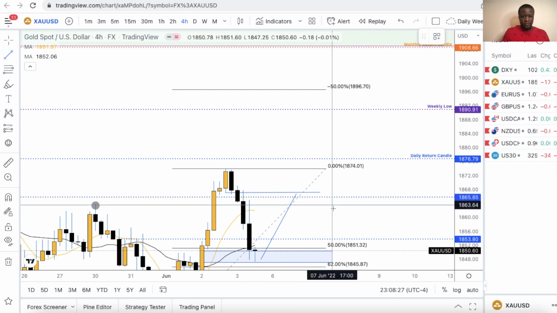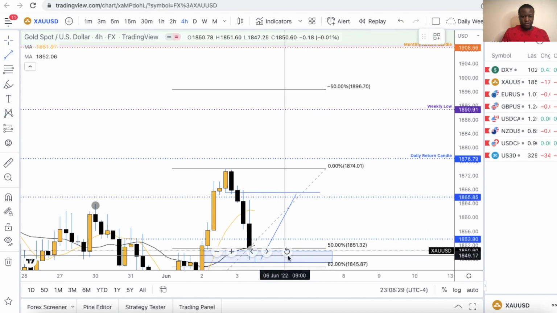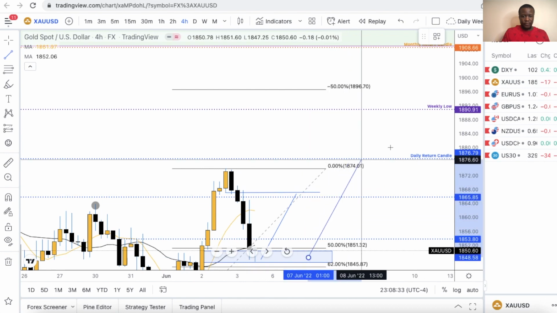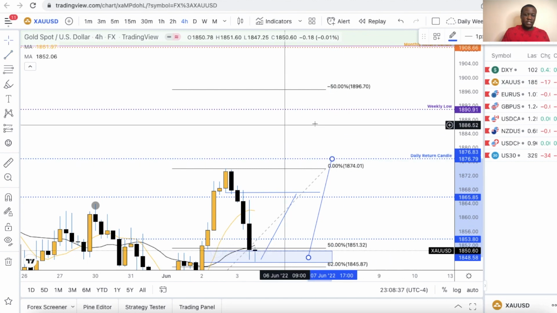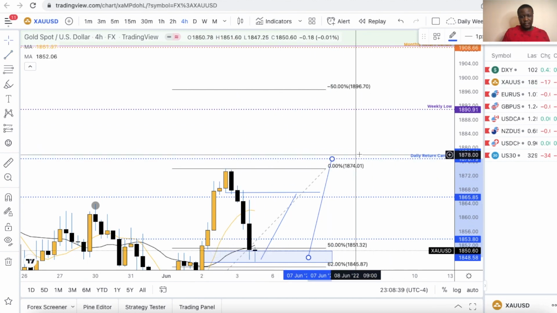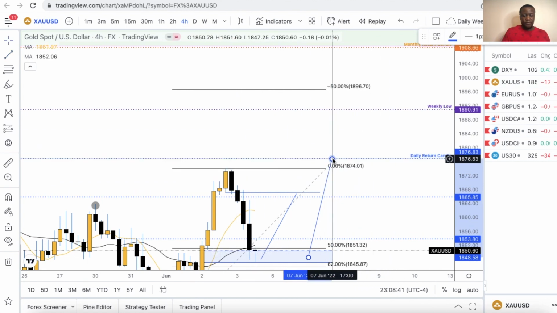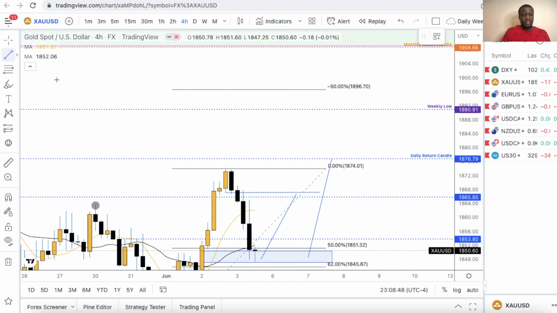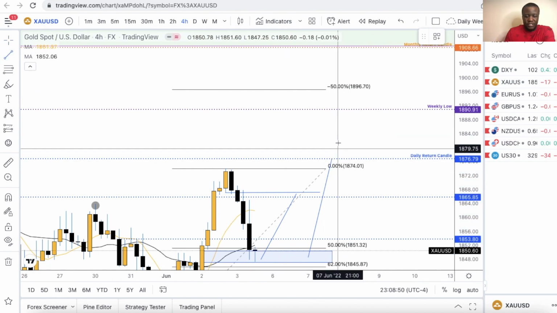Our next profit level will be right here. And then potentially when you see it break this high, if it doesn't already come to this level, which it might or might not, just go straight to this level.